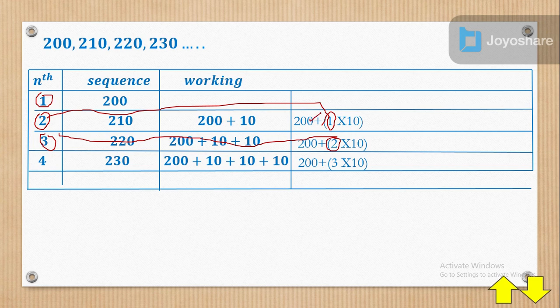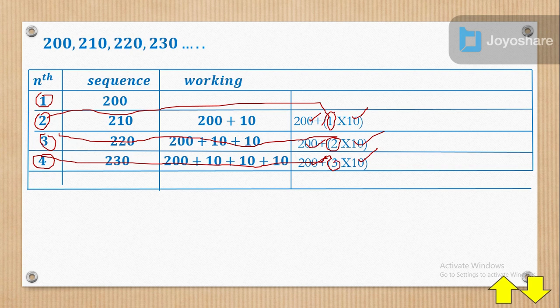Because 200 is constant, a 10 is constant. Now you see which values are changing. This 2 becomes a 1. This 3 becomes a 2. And finally, this 4 becomes a 3.